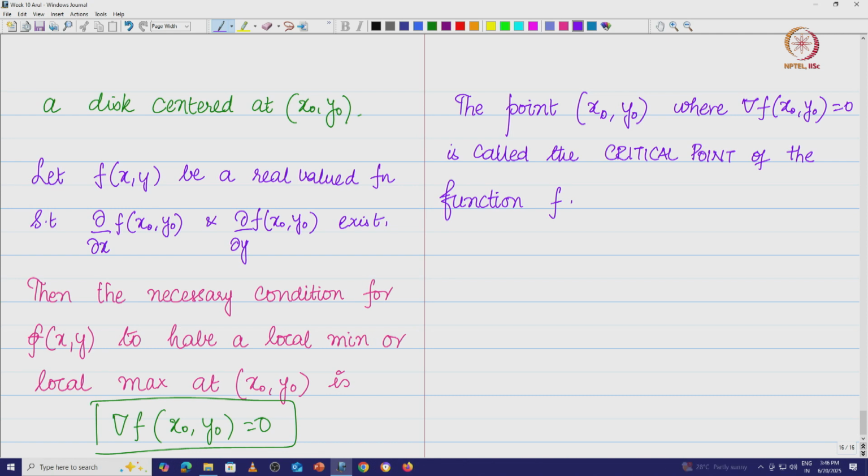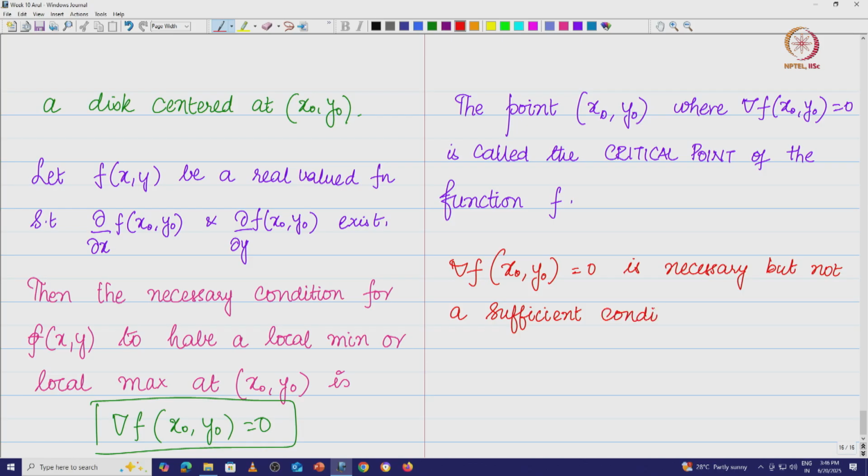So what are we going to do? We are going to make the statement: gradient of f at x naught comma y naught equal to 0 is necessary but not a sufficient condition to guarantee that the critical point is a local maximum or minimum.